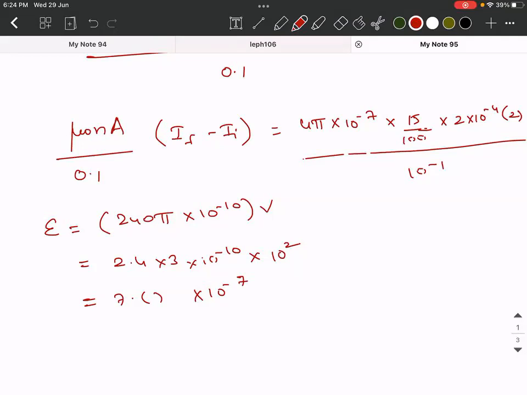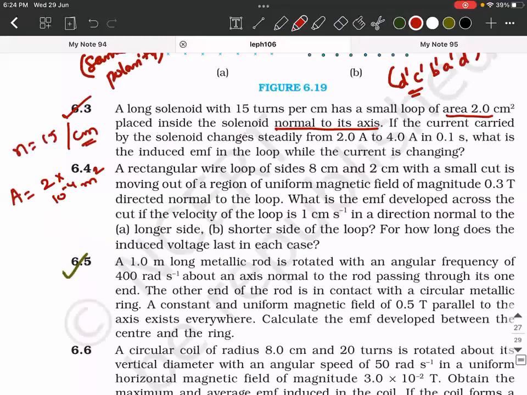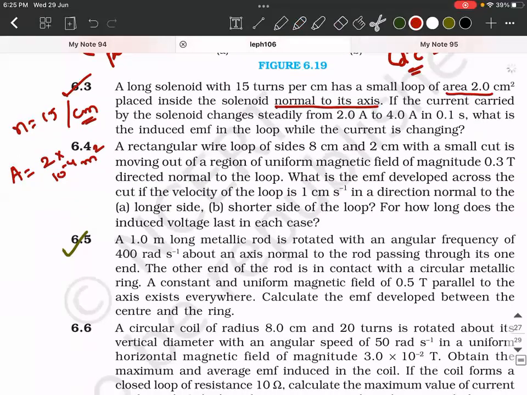By 100 I wrote. You didn't take this 100 into consideration. So calculation part, now you can do it later. See, this chapter, it is all about how you solve problems. So be careful.